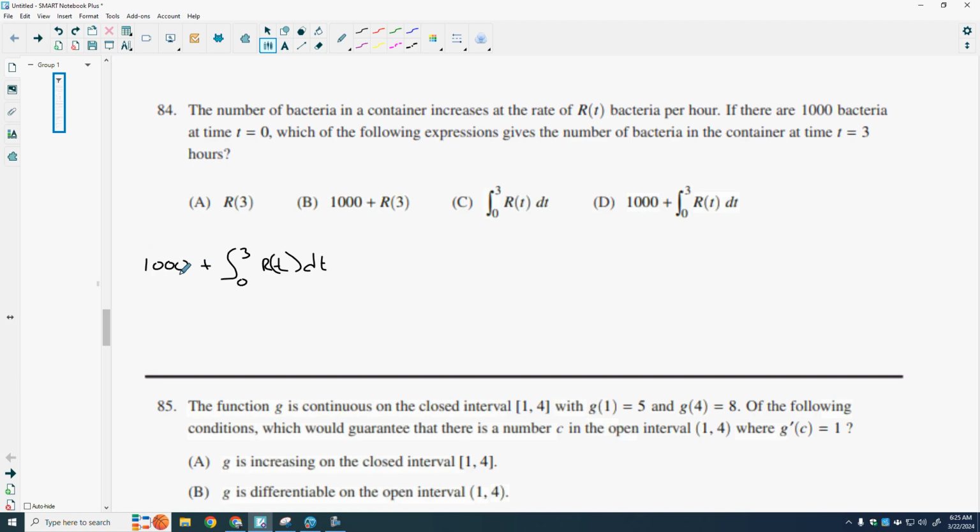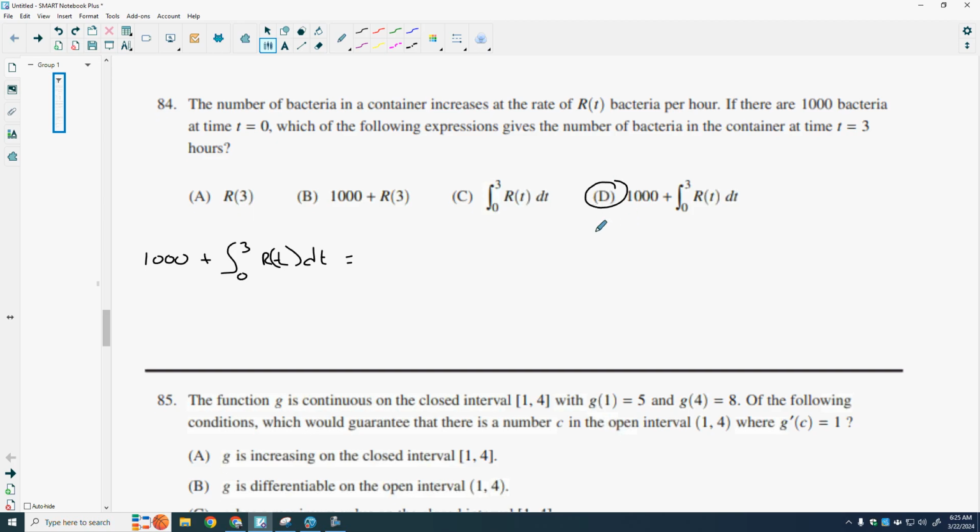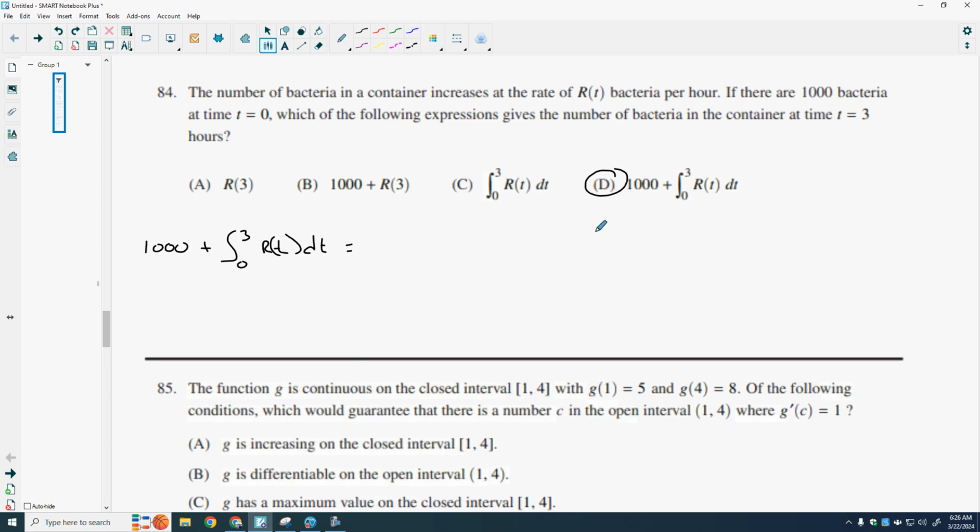There was 1,000 bacteria. Something happened from 0 to 3. We had a change in bacteria, and adding those together gives me the amount of bacteria after 3 hours, or at time equals 3 hours. Man, we got to get that one. That's the fundamental theorem of calculus. That shows up everywhere. Okay, question 84 is T.